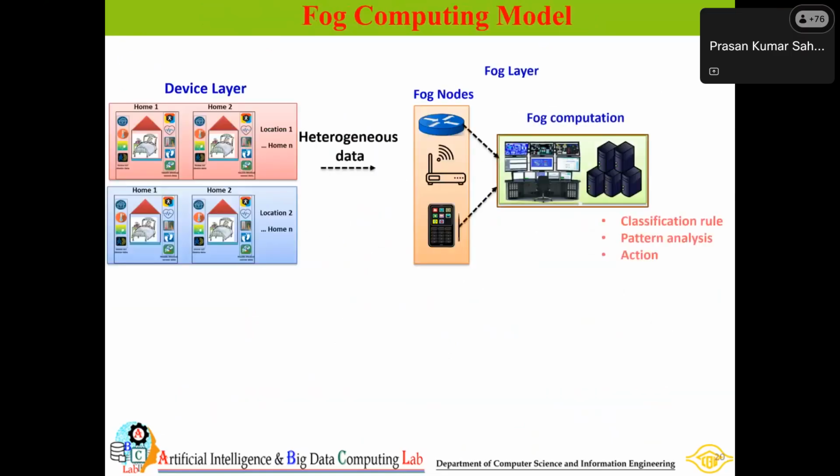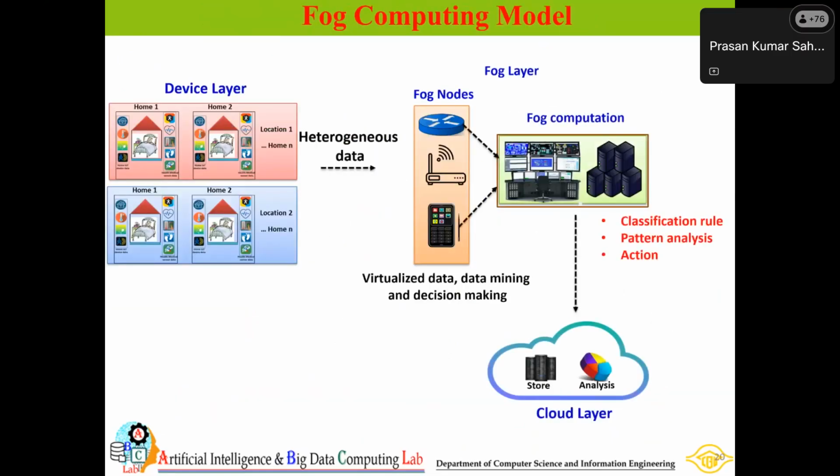Then this fog computing model, as we can see, first we can consider the device layer, the device layer for Internet of Things devices. Those devices may be fitted in smart homes, smart cities, smart hospitals, at different locations.